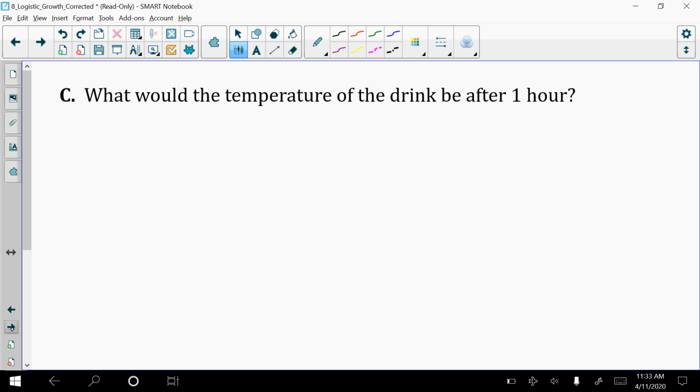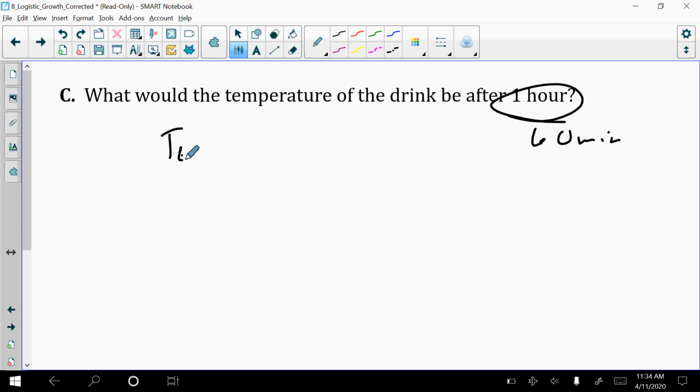This is a very simple plug and chug exercise for 1 hour. In this case, we need to go back to the original problem, because they're giving us our time value in minutes, not in hours. So we're going to substitute 60 minutes for 1 hour, because time was done in minutes for this particular problem.